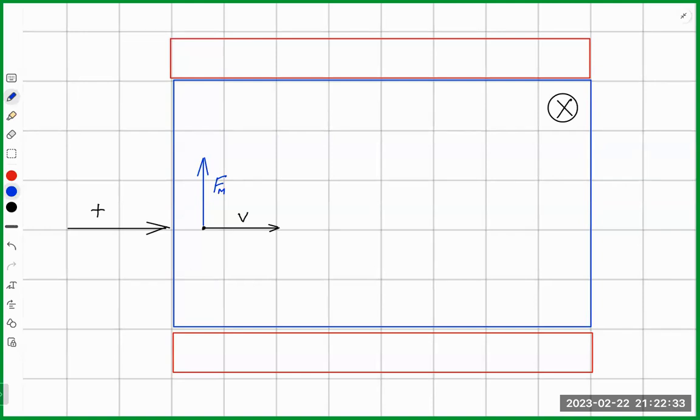So positive and negative, they love one another. Remember, charges are perfectly straight. A positive charge does not like another positive charge. They always like negative charge. So the positive charge should be repelled downward.